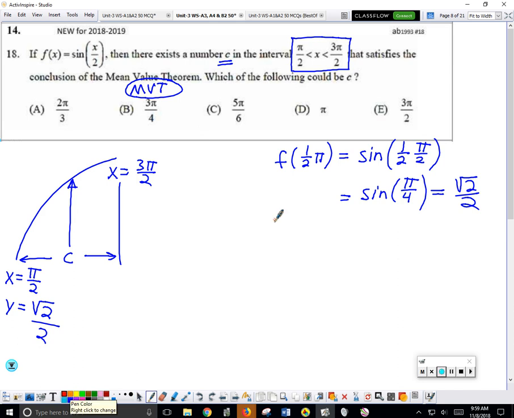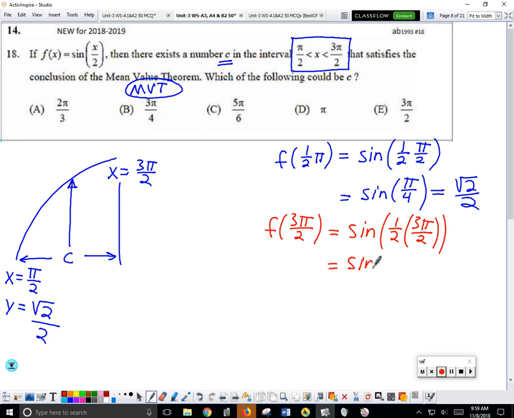So we go find f of 3 pi over 2. That's the same thing as sine of 3 pi over 4. I think of the circle. 3 pi over 4.